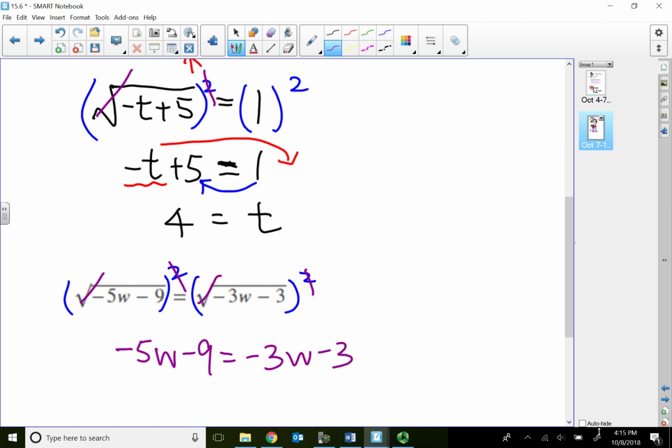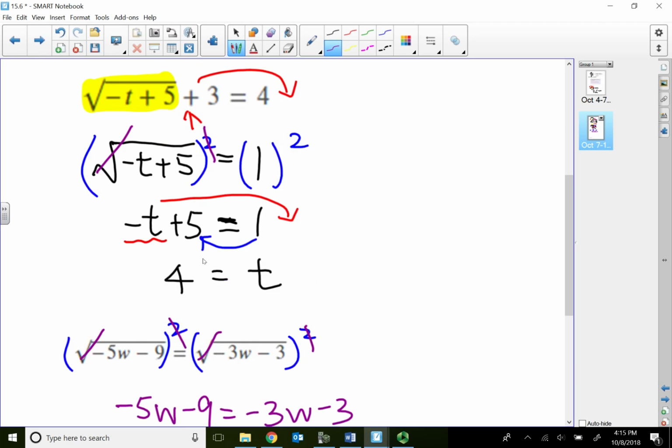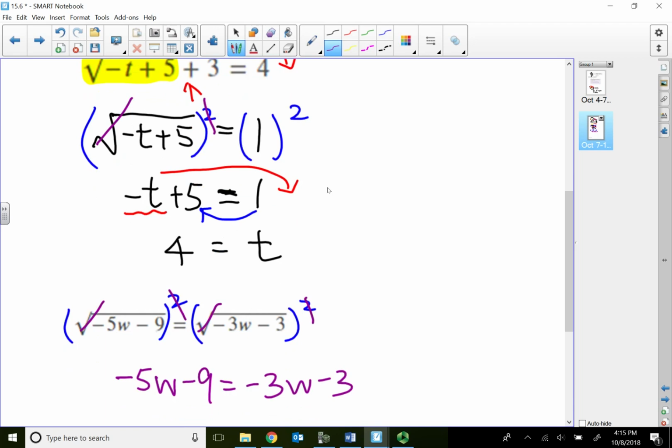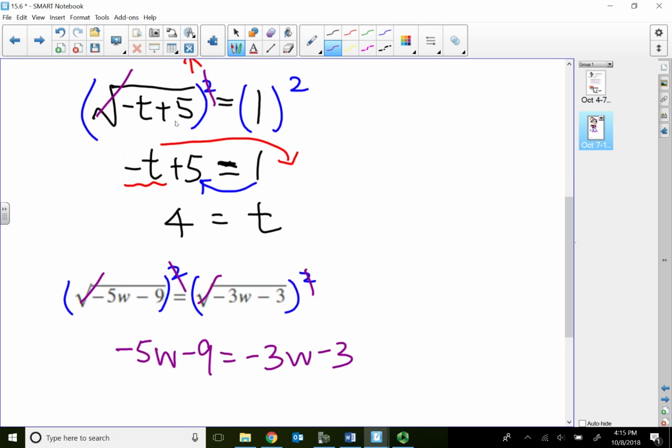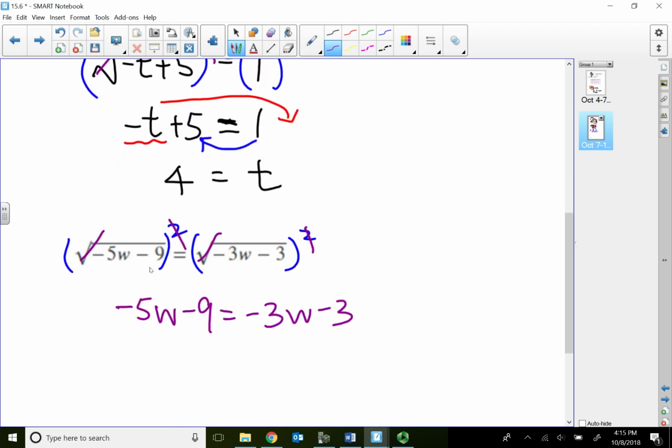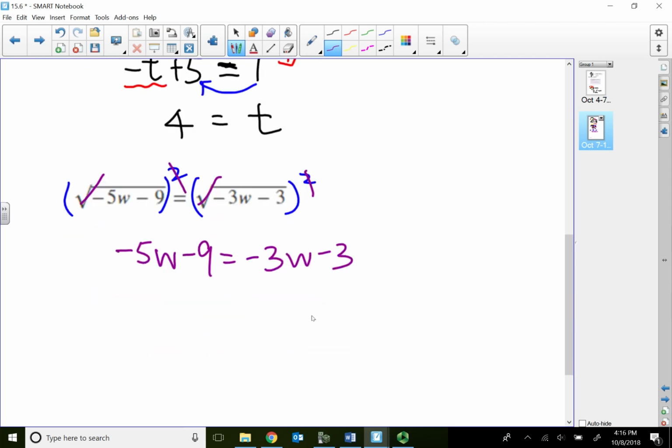This equation only consists of two terms, even though the one above it looked like a 3-term equation, but the reality is the positive 3 and positive 4 are like terms. Once I combine them, I'm still down to 2 terms. 2-term equations are much easier to solve because now I'm just going to solve these linear equations accordingly.